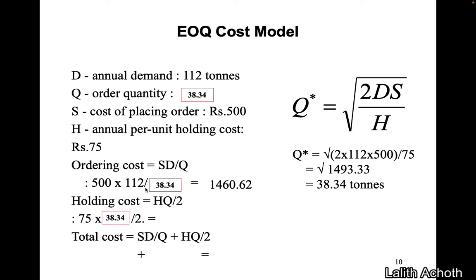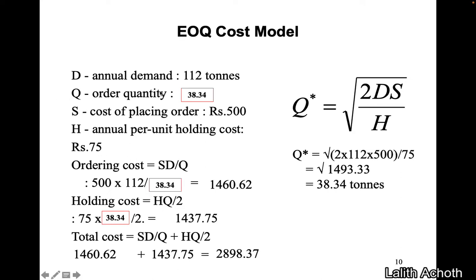Now coming to the holding cost. So holding cost is H into Q divided by 2, and that gives me a value of 1437.75. When I total up the two, I'll get the total cost as 2898.35. So you keep that in mind, 2898.